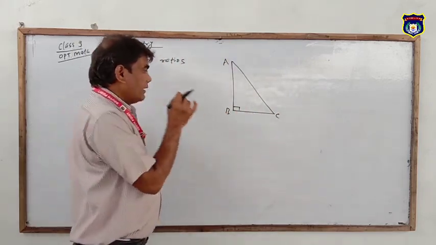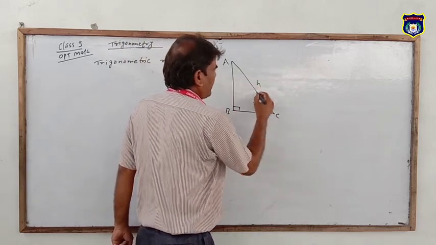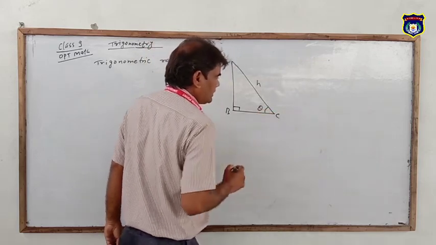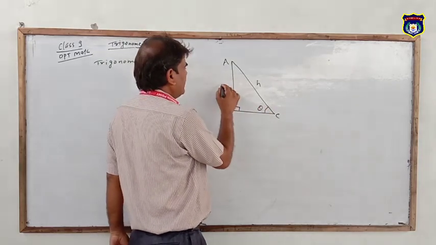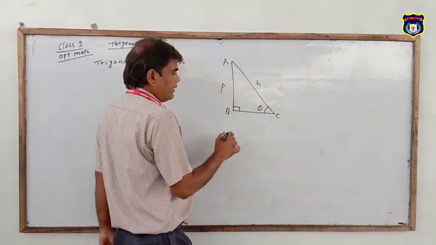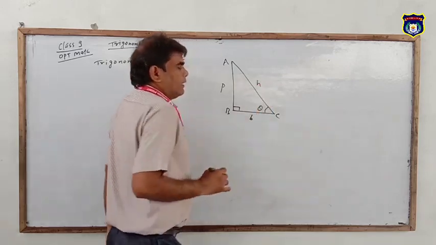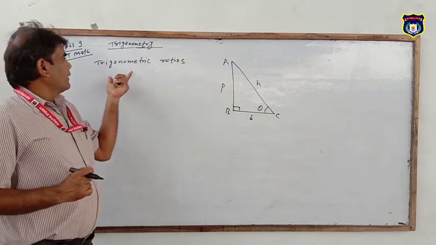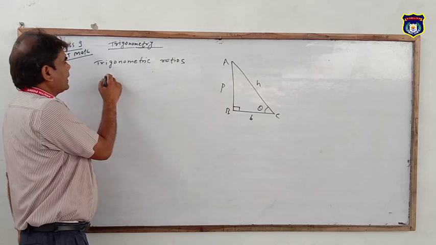In the right angle triangle, the side opposite the right angle is the hypotenuse. For a reference angle, suppose angle theta, the side opposite this angle is the perpendicular P, and the other side is the base. In this right angle triangle, first of all, what is called sine?